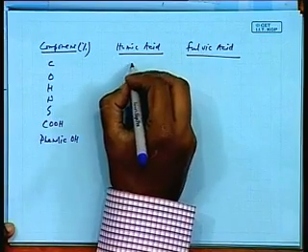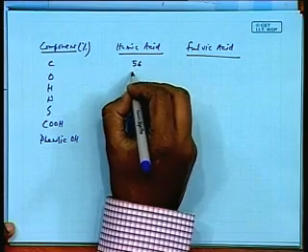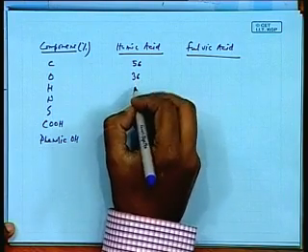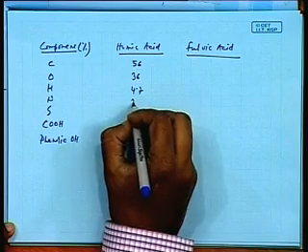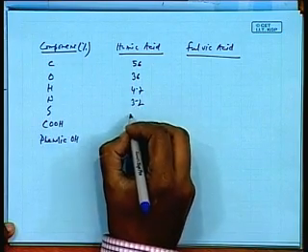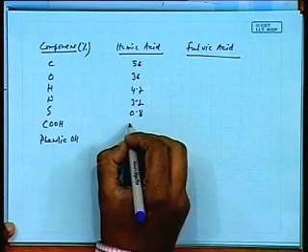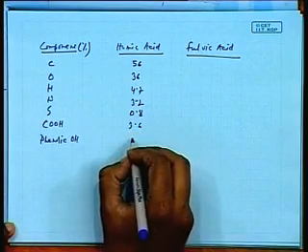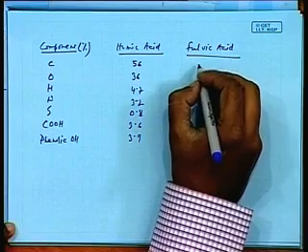In humic acid, this is 56, 36, 4.7, 3.2, 0.8, 3.6 and 3.9, whereas this one is fulvic acid.